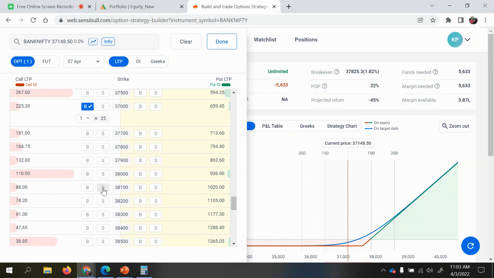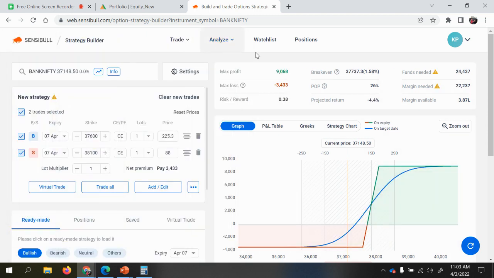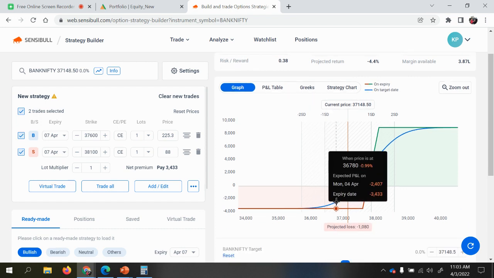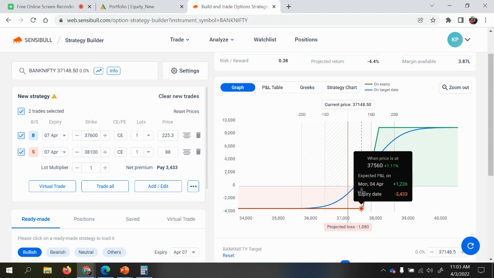So let's say I'm just selling 38,100. If you look at my risk to reward, this is perfect, friends. 1:3. And this is my break even, 1.58. If you look at the payoff graph, this vertical red line is where the market stands as on date. So this is my break even.